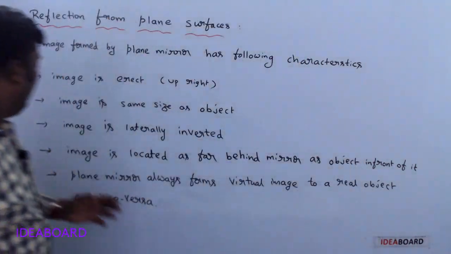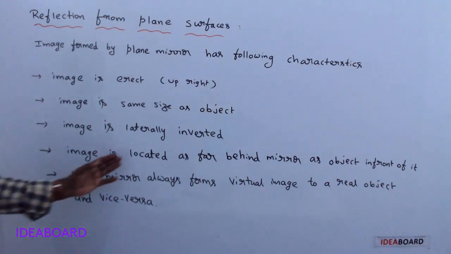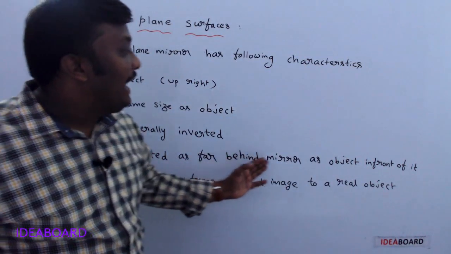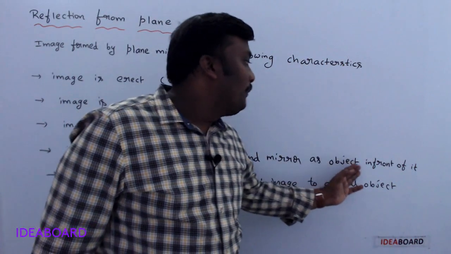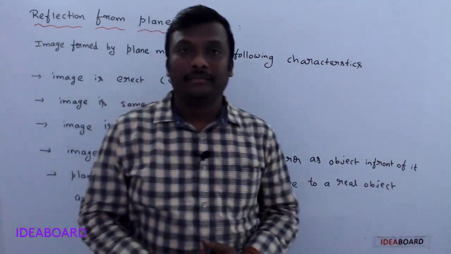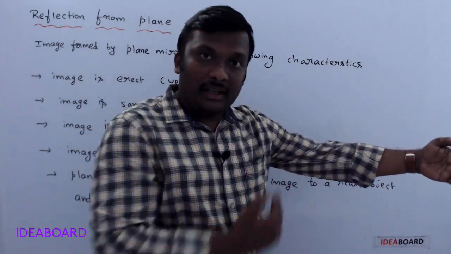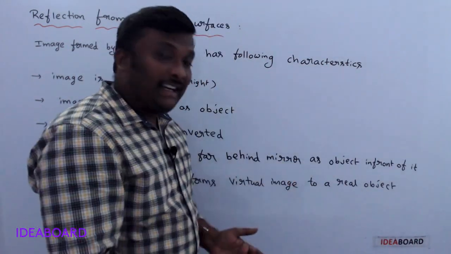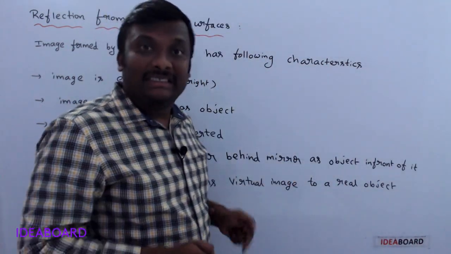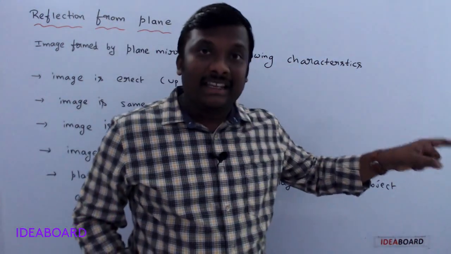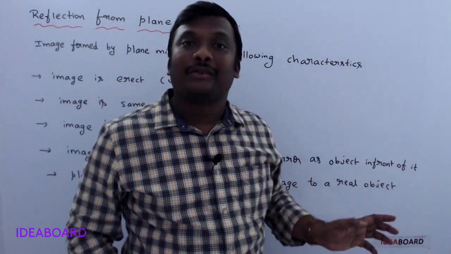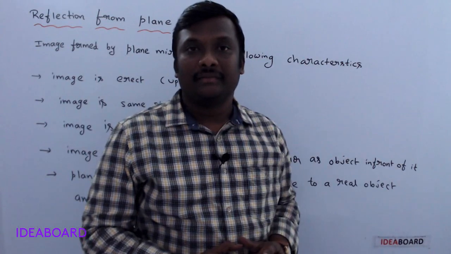Next, the fourth one. The image is located as far behind the mirror as the object is in front of it. It is also very, very important. Before the mirror, if I stand at a distance of 2 meters, then the image inside the mirror is also at a 2 meter distance.